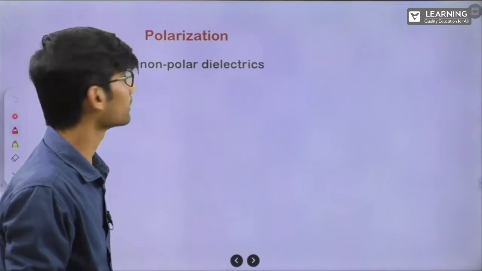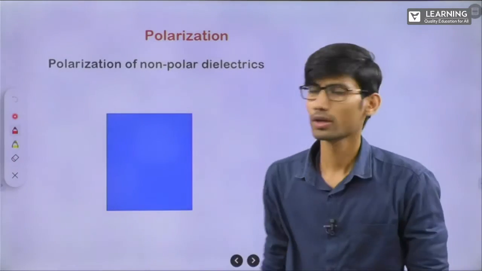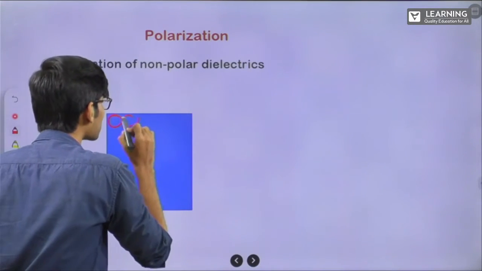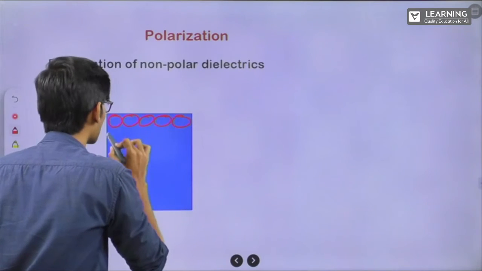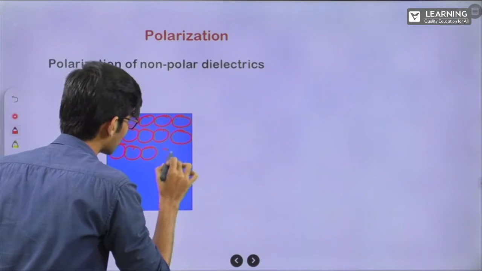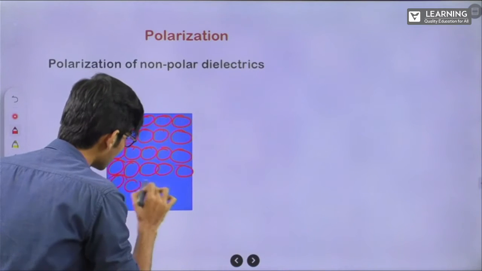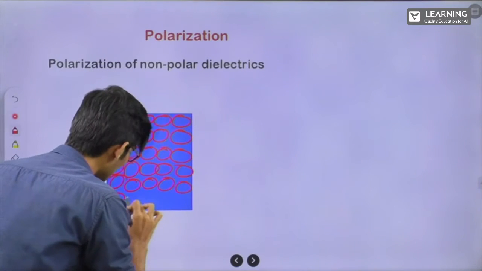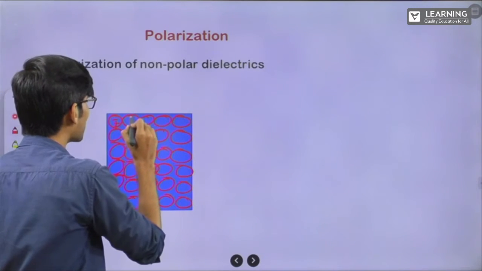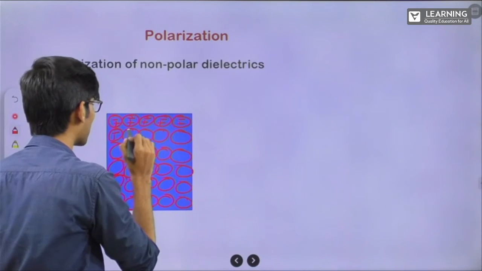Polarization of non-polar dielectrics, let's see first. Now suppose this is a dielectric material. If I see it at the molecular level, there will be molecules inside. At an atomic level, if you see here, negative charge, positive charge, negative, positive, like this it will be.